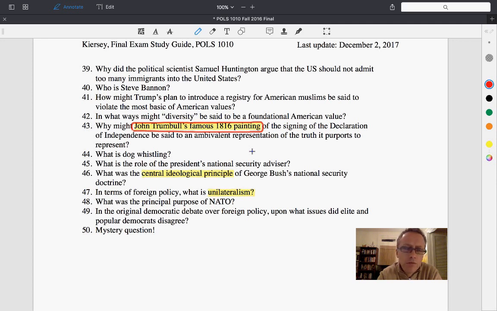And of course, what's not said in the painting is that the labor that made that painting possible, that made those powdered wigs and that comfortable repose possible, came from women, came from African American slaves, and would have been impossible without the outright stealing of land from the Native Americans who lived there before these guys ever came over.